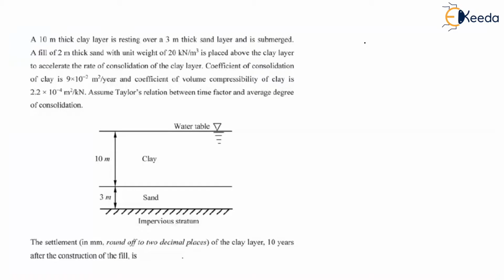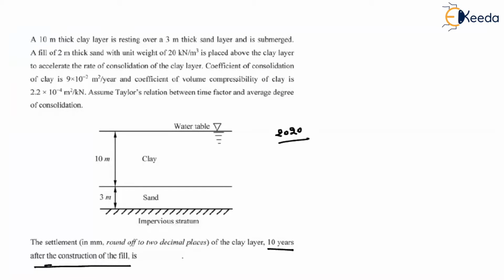And what they're asking us is to find the settlement of the clay layer 10 years after the construction of the fill, isn't it? So we have to find out the settlement after 10 years of the completion of the fill. This question was given in the year 2020.